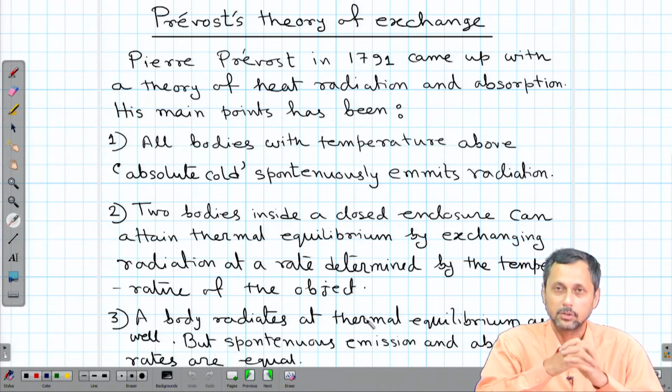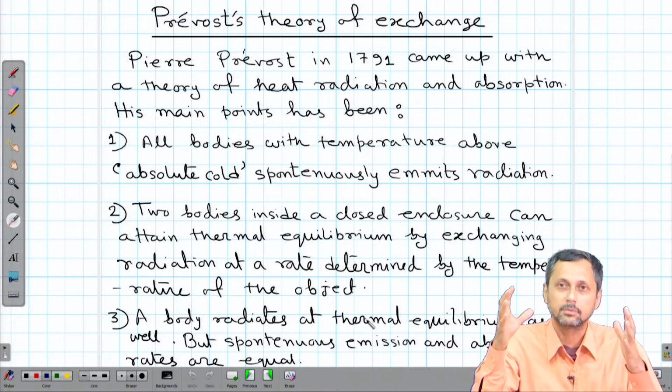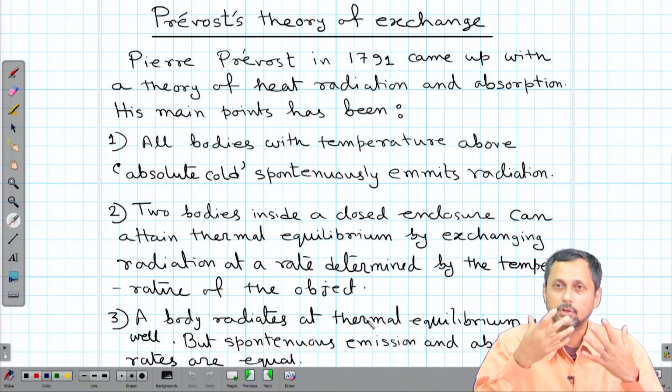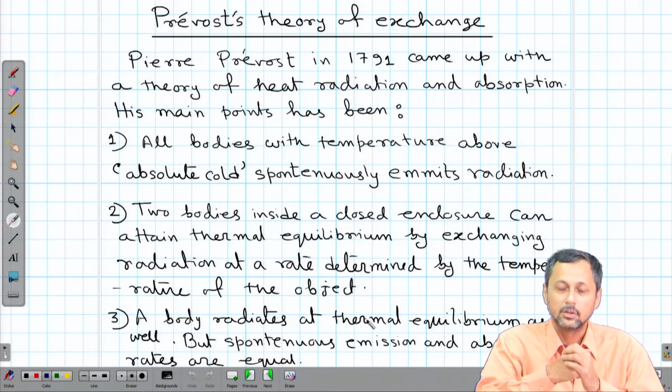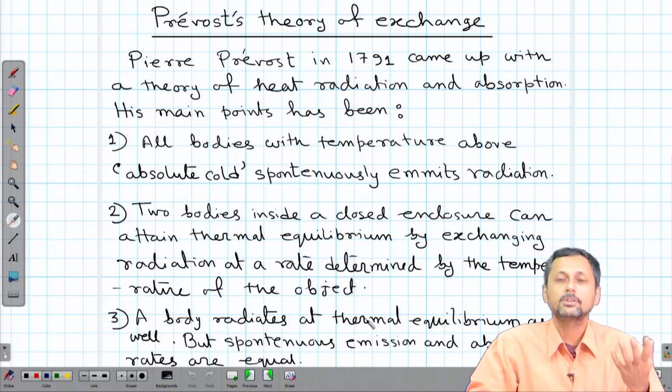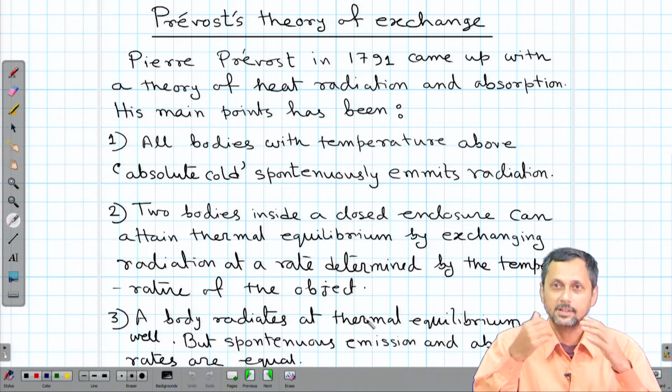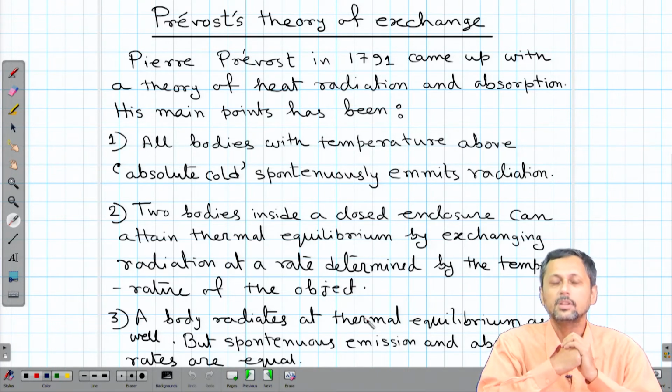That used to be the thought. If you are in front of a pile of ice, you can feel the cold coming from that ice. So cold objects would radiate cold radiation and warm objects would radiate hot radiation. That used to be the concept.